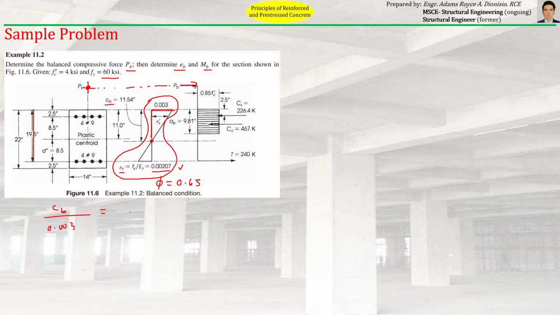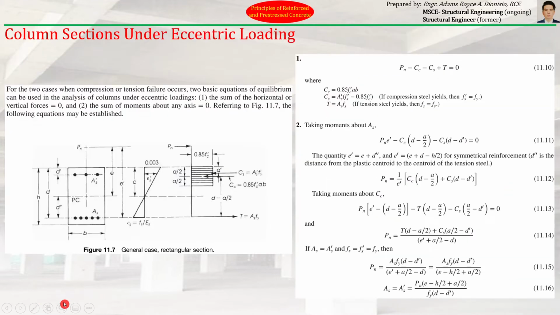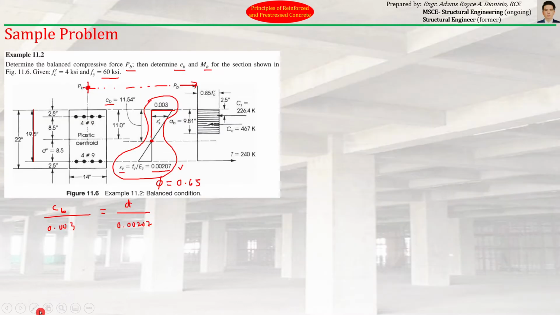So that will be d over 0.00207, or let us make it general: fy over Es plus 0.003. You can use that to get cb.